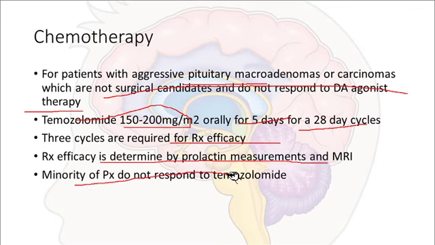A minority of patients will not respond to temozolomide, so the majority of those who have aggressive pituitary adenomas or carcinomas and are not surgical candidates and do not respond to dopamine agonists will respond to temozolomide therapy at 150 to 200 milligrams per square meter for 5 days based on a 28-day cycle, which requires at least 3 cycles for efficacy.